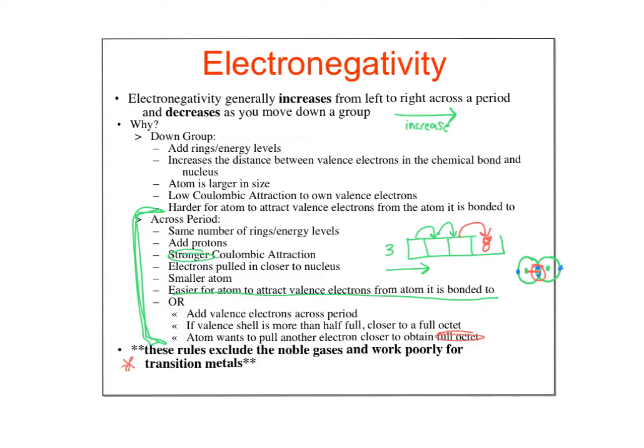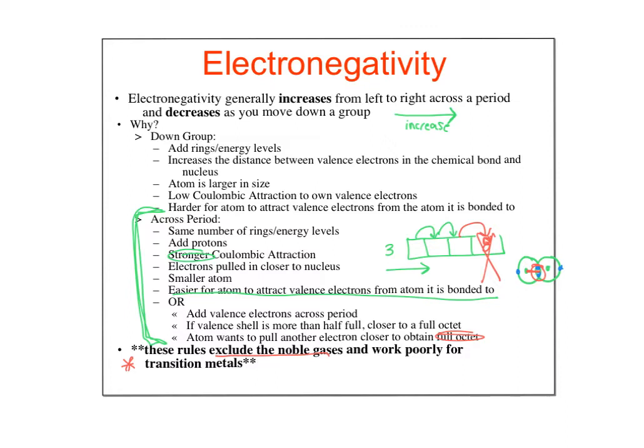One thing that's important, though, is the electronegativity patterns don't work very well for transition metals. The pattern is a little more sporadic, and the main point is it does not apply for noble gases. The noble gases, we say, don't really have an electronegativity because electronegativity is about shared electrons.